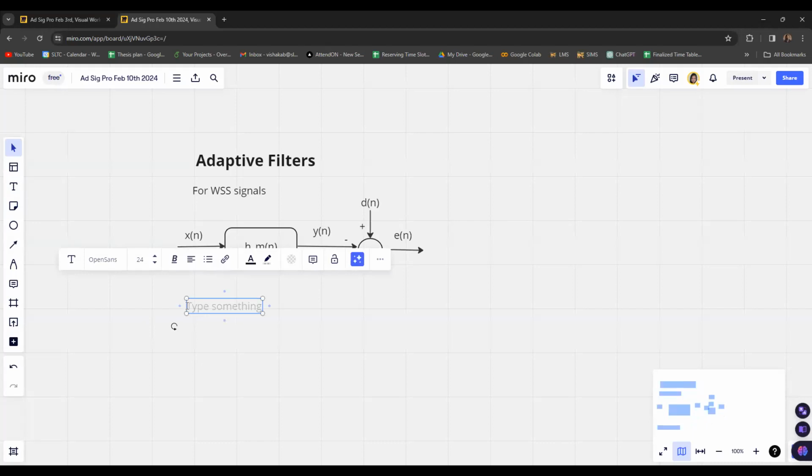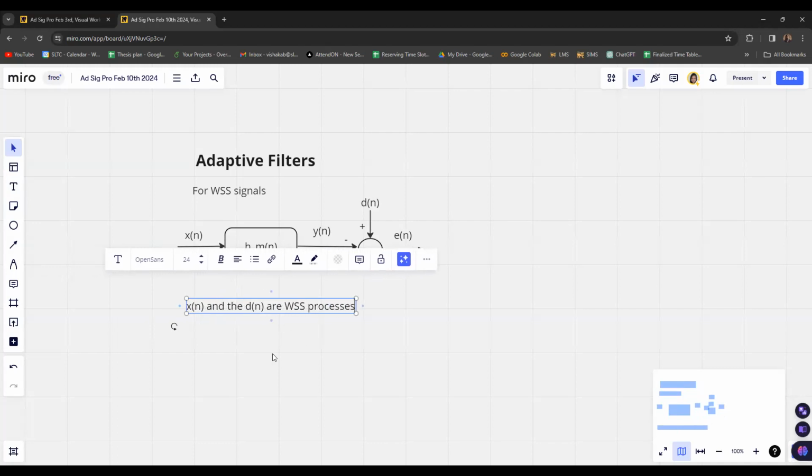So far we have considered that xn, the input signal, and dn are WSS processes.